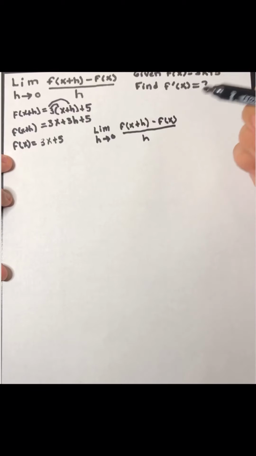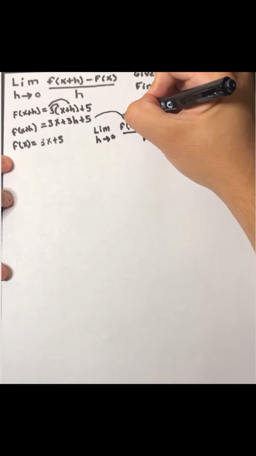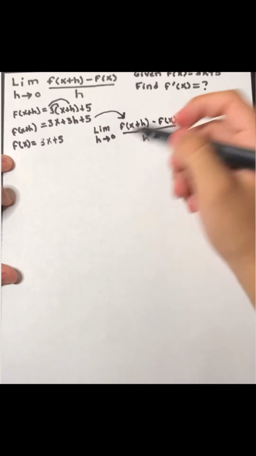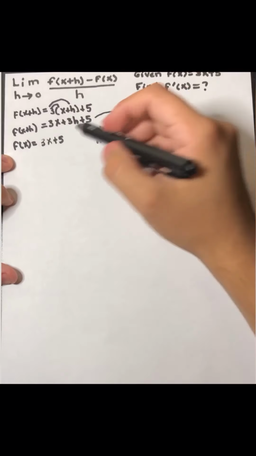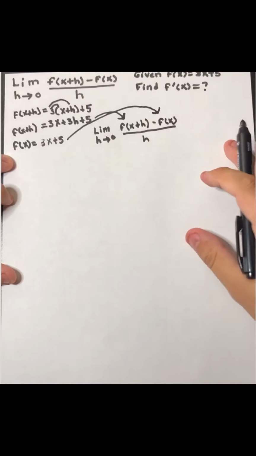Now we're going to see that we can just plug in, because we already got f of x plus h and we know our f of x, so we can plug in for both.